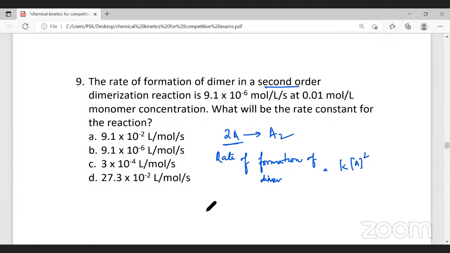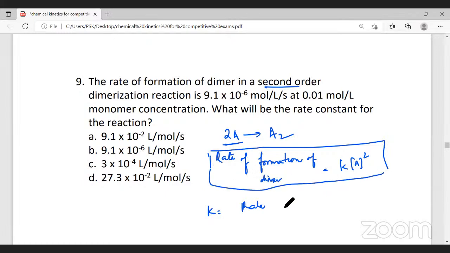This is the rate equation. From this equation we are deriving K. So we can write K as the rate of formation of a dimer by the concentration of the reactant A square.